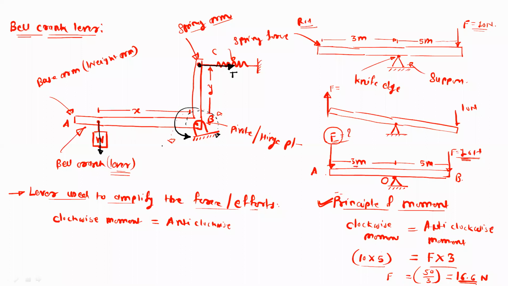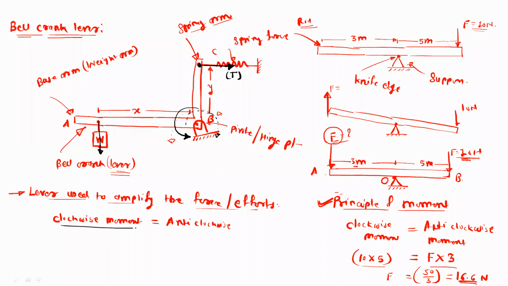So by using the principle of moment, we need to find out, if you apply some weight W on the arm AB, what should be the value of the tension T or spring tension, so that we can maintain the equilibrium of the bell crank lever. So that is our aim.